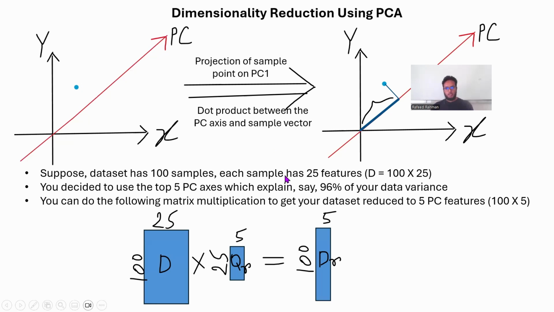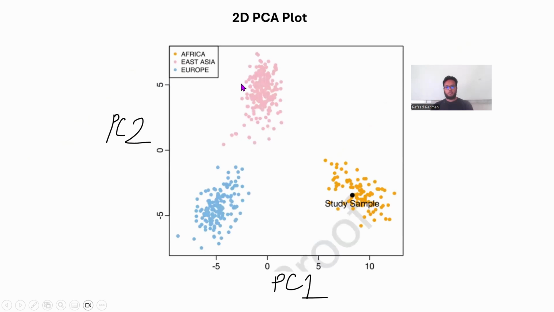Now that we know that, one final thing I want to mention is the 2D PCA plot, which is very famously used everywhere. So what's happening here? So suppose this is your dataset, and the dataset comes from 3 classes: Africa, East Asia, and Europe. Those are the 3 classes. And maybe each data point or each sample has maybe 100 features. Now, obviously, you cannot actually plot a 100-dimensional plot because we cannot even visualize beyond 3D as humans, right?